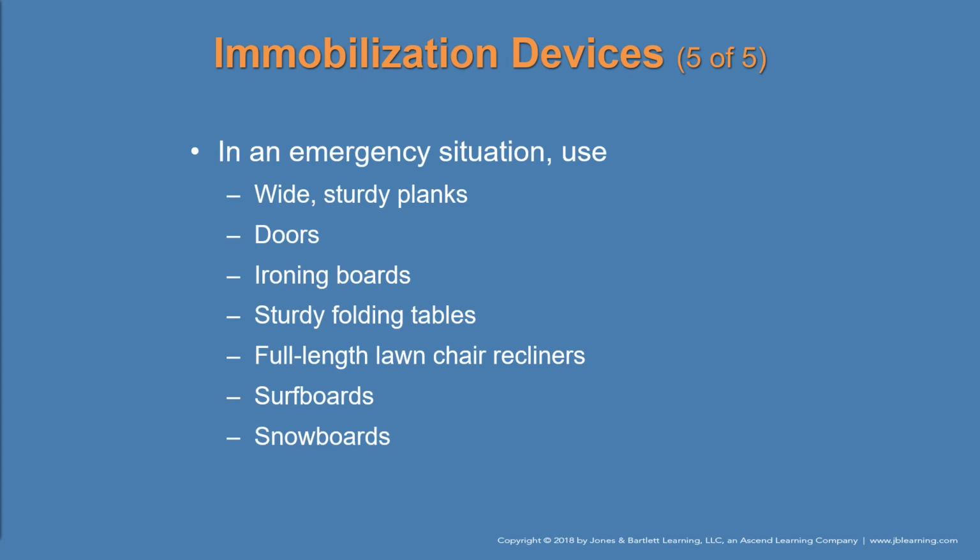If we can get the patient up off the ground, then we don't have to drag their weight across the ground and we're not faced with problems of friction, and it's very tiring to drag someone any distance. So we want to get them on something, and really the only limitation is your imagination. Just make sure that whatever you put them on is strong enough to support their weight, because the worst thing you want to have happen is it breaks halfway and the patient falls through onto whatever is below them.